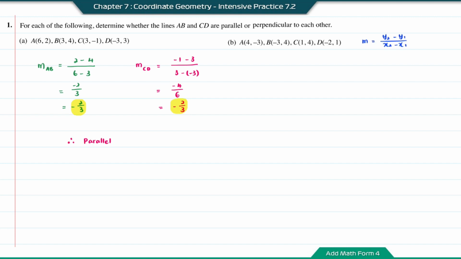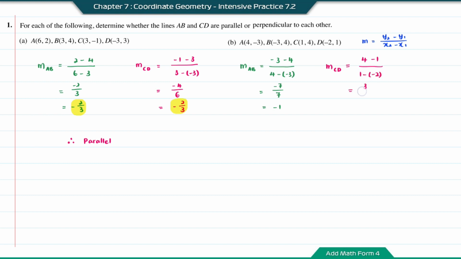to each other. For question B, the gradient of AB is equal to negative 3 minus 4 divided by 4 minus negative 3. So this is equal to negative 7 divided by 7, which is equal to negative 1. As for the gradient CD, this is equal to 4 minus 1 divided by 1 minus negative 2.